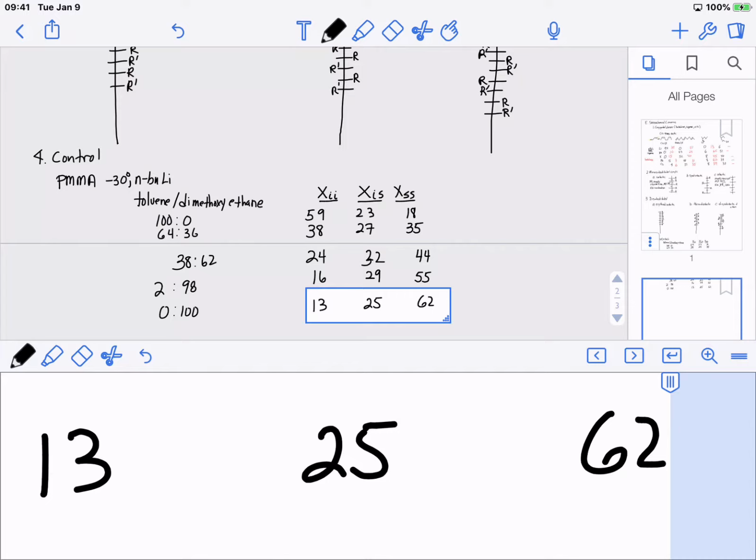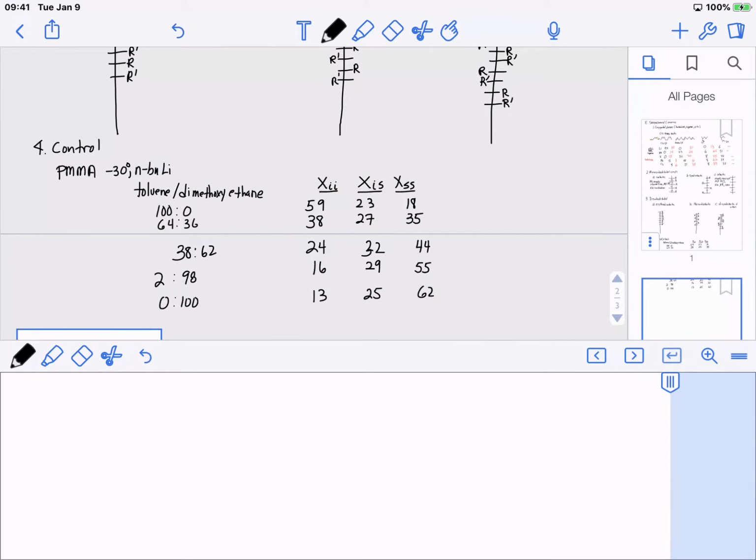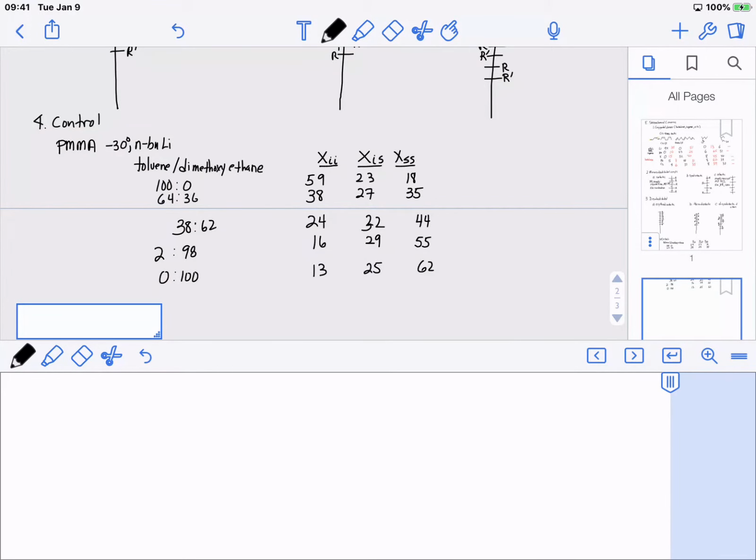Okay, so what you see is that in toluene, you get large amounts of the isotactic polymer, and as you add dimethoxyethane, more polar, you wind up getting more of the syndiotactic. And there are lots of examples of doing this kind of stuff, and I don't want to get into them too much.